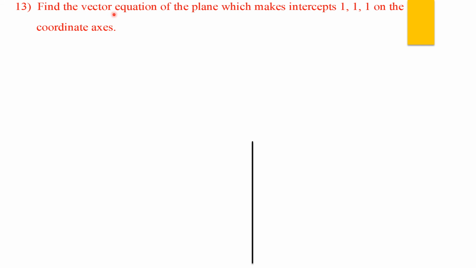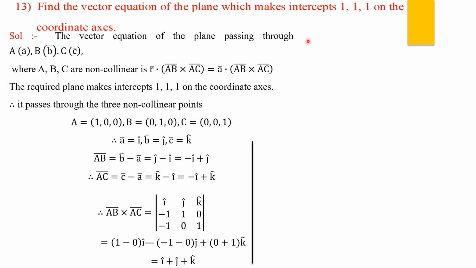Example number 13. Find the vector equation of a plane which makes intercepts 1, 1, 1 on the coordinate axes. Here the intercepts are on the x-axis, y-axis, z-axis. Solution. The vector equation of the plane passing through A vector, B vector, C vector, where A, B, C are non-collinear, is r vector dot (AB vector cross AC vector) equal to A vector dot (AB vector cross AC vector).